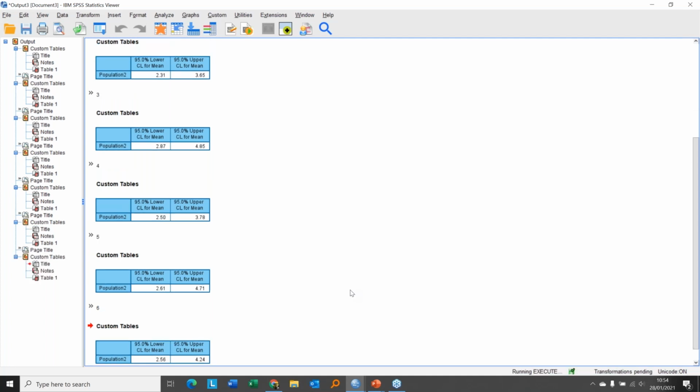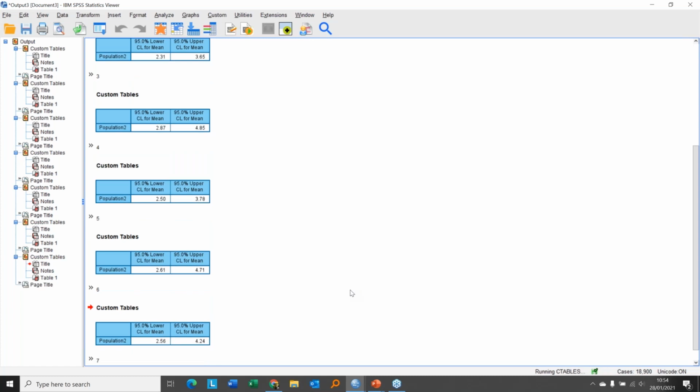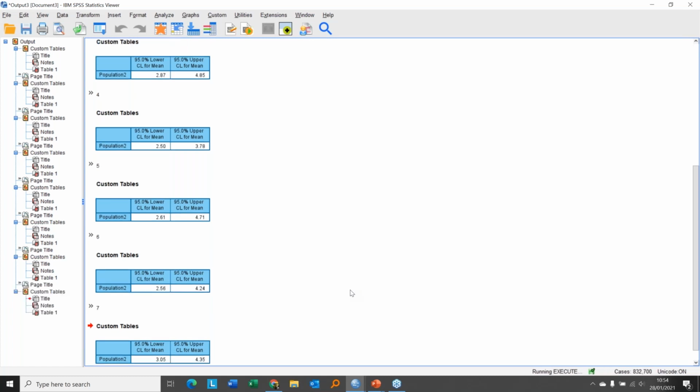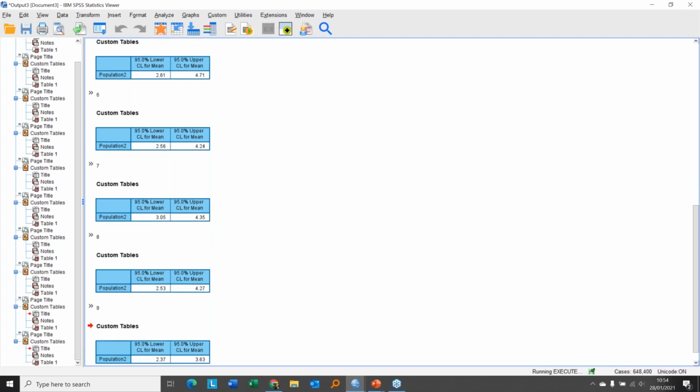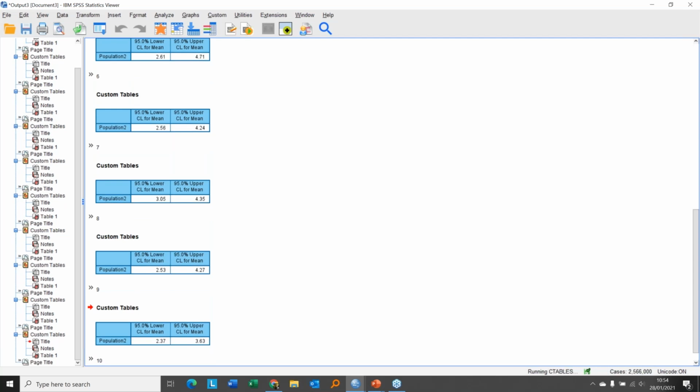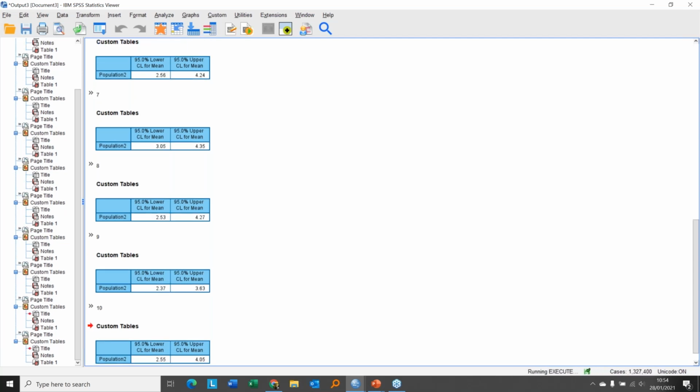Number 5, number 6, the 6th done on a sample of 50. The 7th one done. Still 3.33, still within them. Let's see if one of these doesn't capture it. Here's number 10, so we've got another 10 to go.